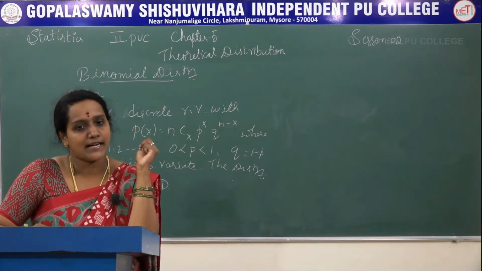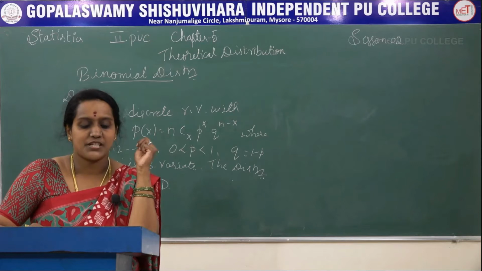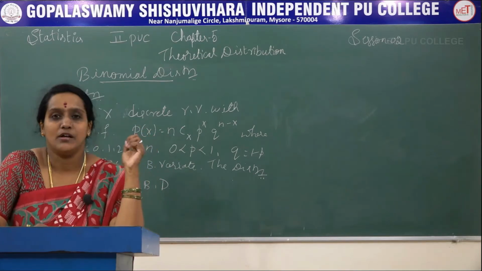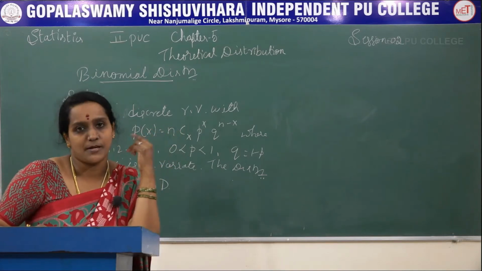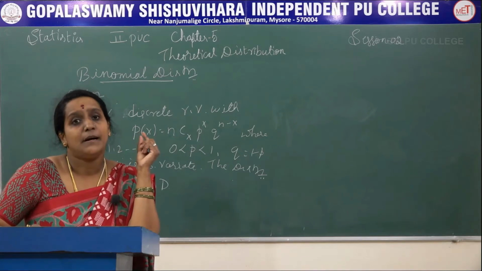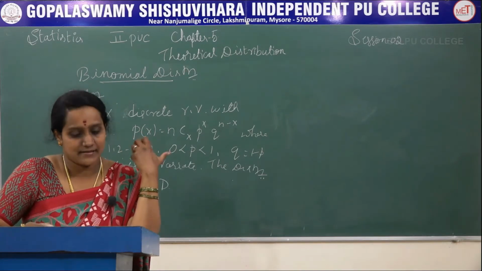Number of defective articles in a random sample of 6 articles drawn from a manufactured lot. Number of seeds germinated among 10 seeds which were sown. We don't know how many seeds are going to germinate. 10 seeds we have already sown, but we don't know how many outcomes will be our success.